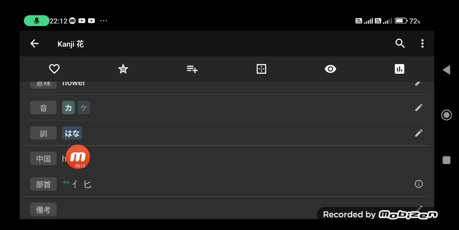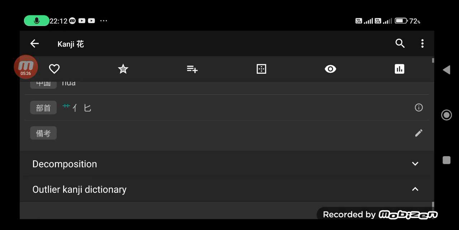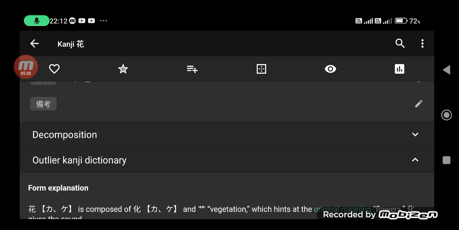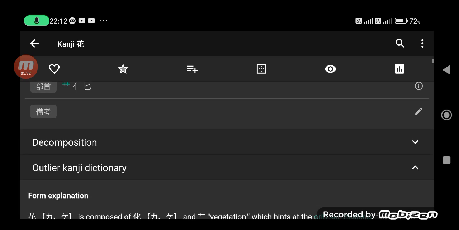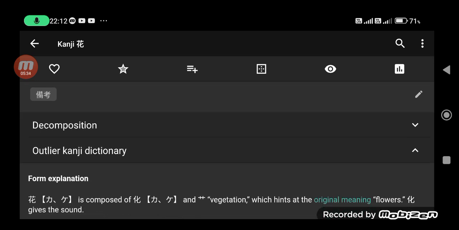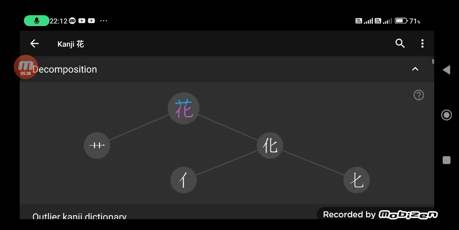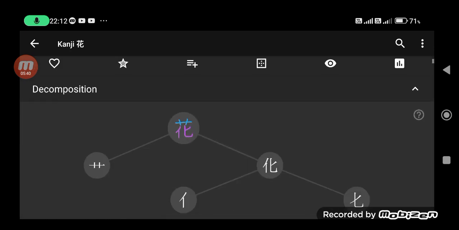So very easy. The onyomi has no okurigana and only a single reading, ka. Easy also on kunyomi, only one reading, hana. So we might as well dismiss this relatively early for this lesson. Okay, very well then.